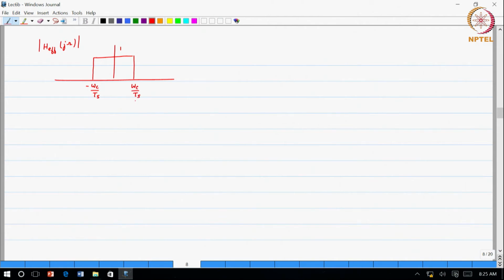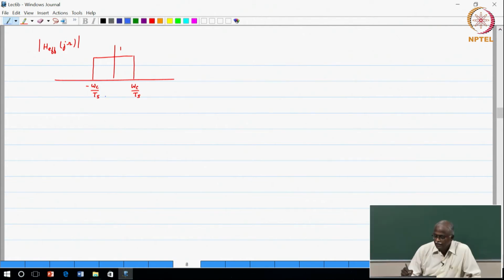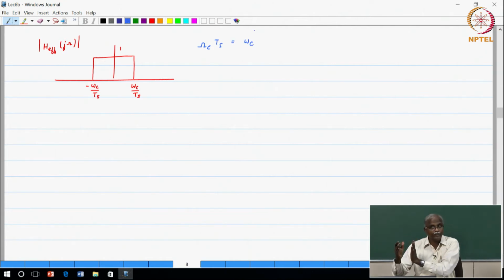That is exactly what H effective of j omega is. Basically, the cutoff frequency of the discrete time filter, if I want to map it, I can define a cutoff frequency in continuous time which is equal to omega c by Ts.